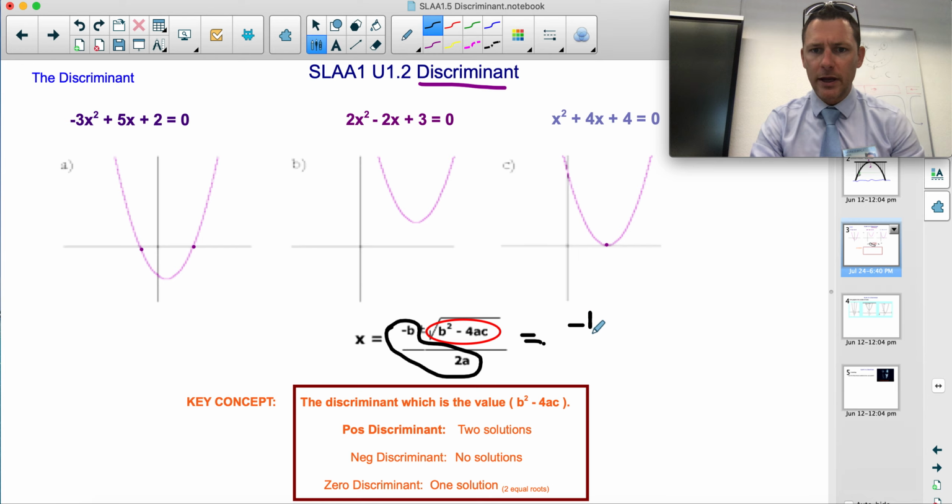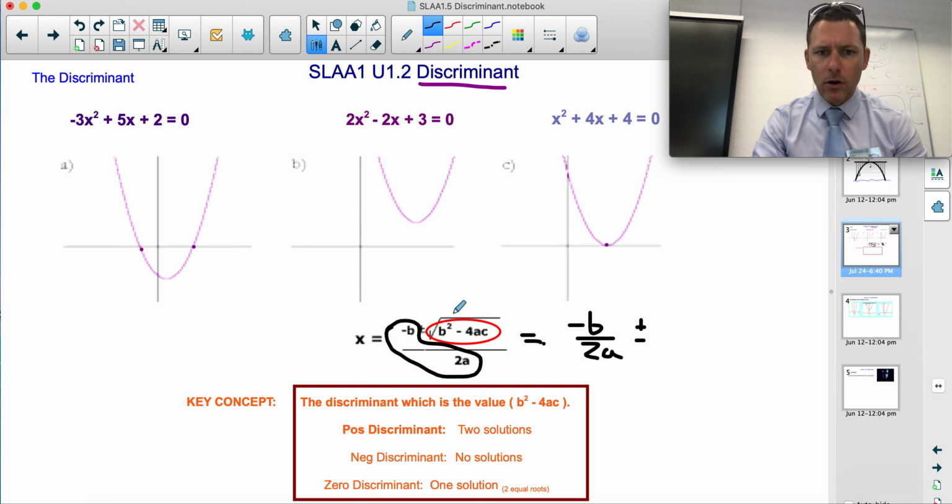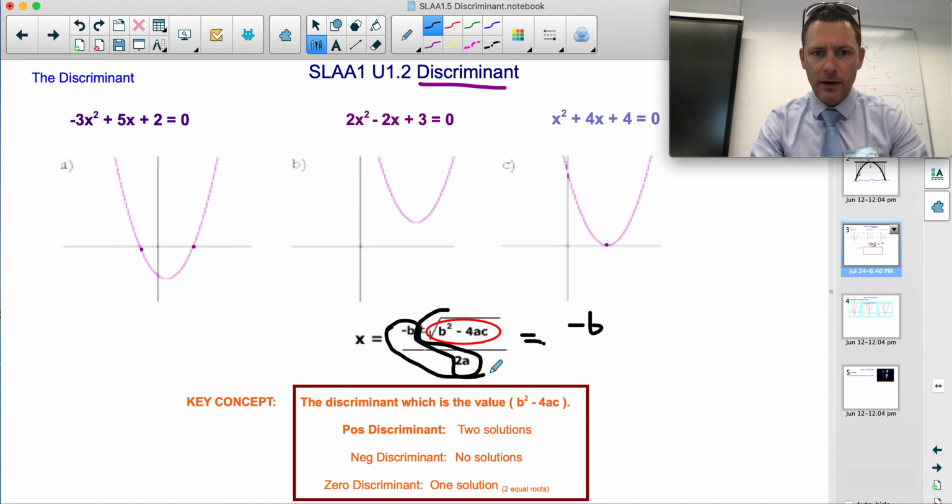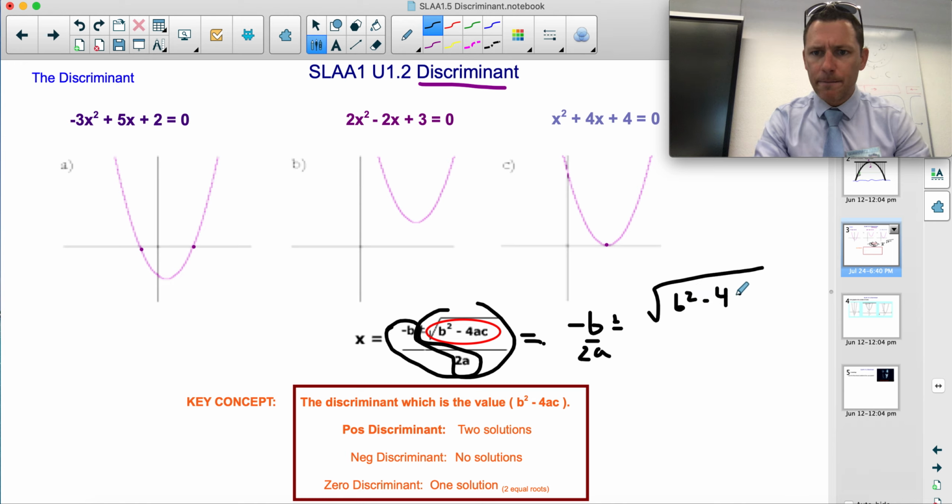This, so negative b over 2a, and plus or minus all the rest of this garbage. Oh, shoot, also still over 2a. Negative b over 2a plus or minus root, who cares, on the inside, b squared minus 4ac, still all over 2a.